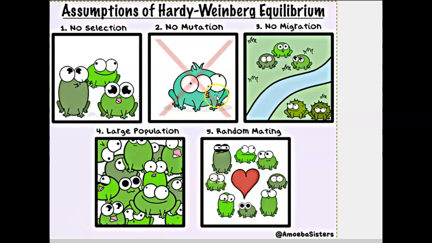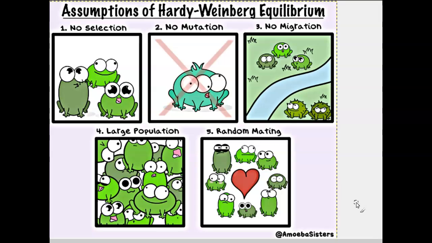No mutations. So no introduction of any type of new alleles due to mutations. No migration, or gene flow is what we call it. No immigration, no emigration. Has to be a large population and sexually reproducing population.